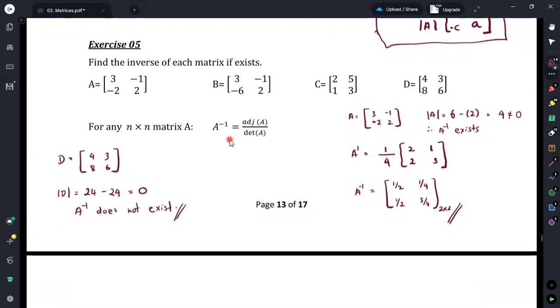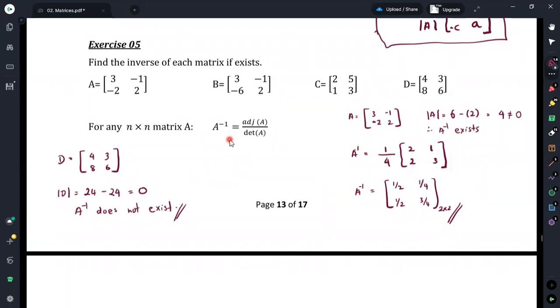Using the formula for 2 by 2 matrices is quite simpler and easier than using the basic concept of obtaining the inverse. But for higher order matrices, using the basic concept is not easy.